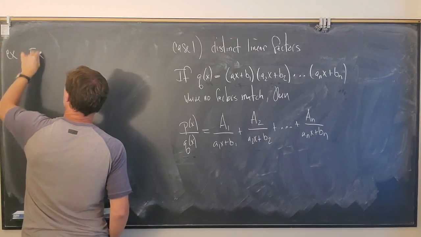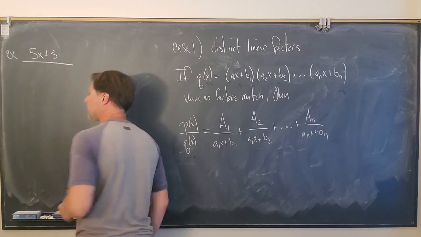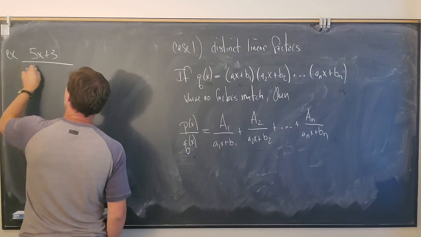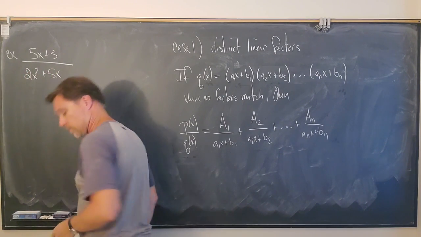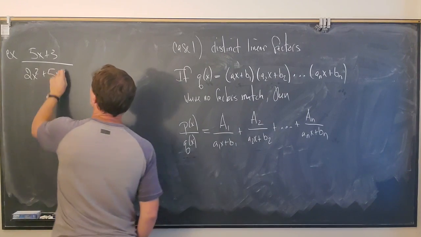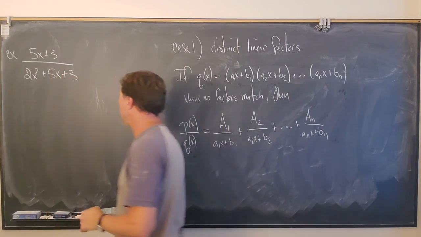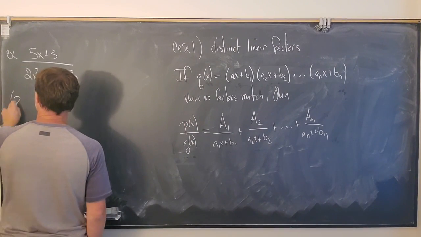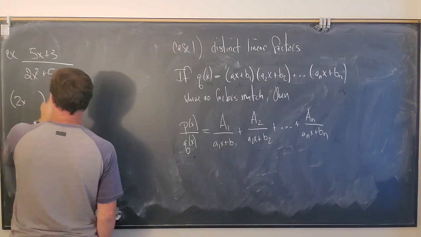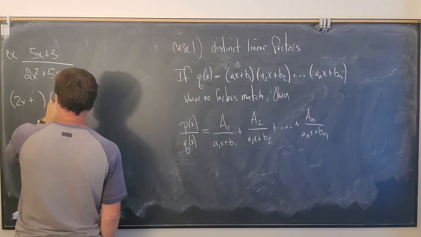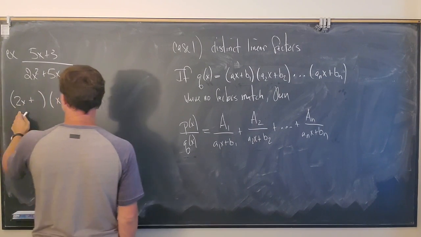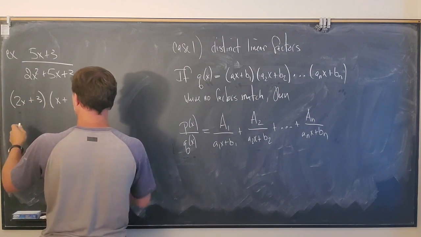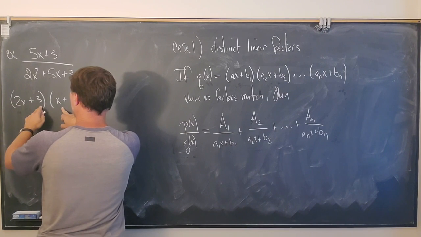So 5x plus 3 divided by 2x squared plus 5x plus 3. The first thing I need to do is factor. This will factor as 2x plus 3 and x plus 1, I think. Right, 2 and 5.